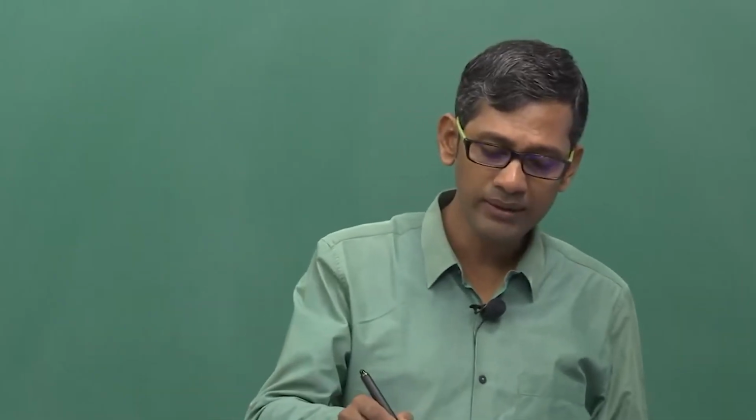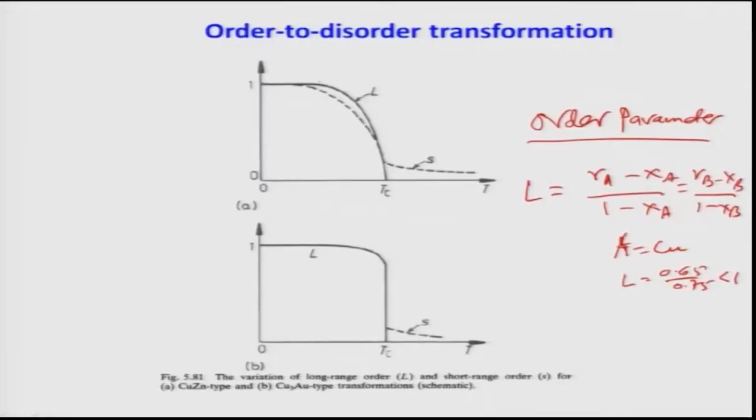Then it slowly maintains that value up to a certain temperature, above which the disordering phenomenon starts happening. The more atoms go and occupy sites other than the specified ones, the more L will slowly decrease, and then at Tc it becomes 0, correct.